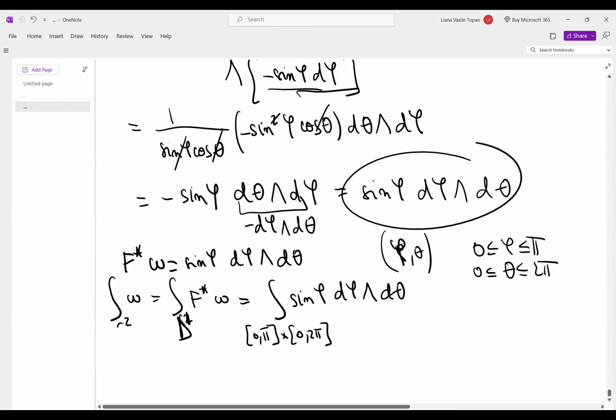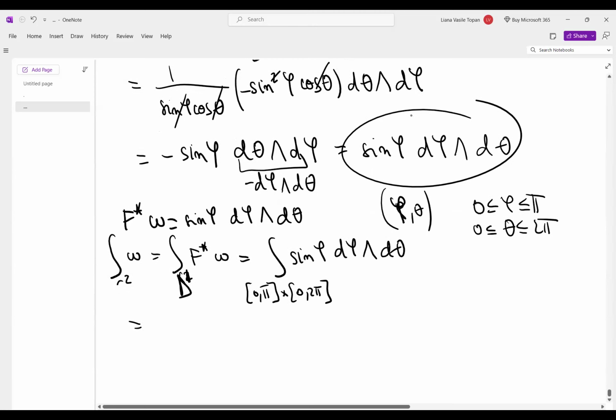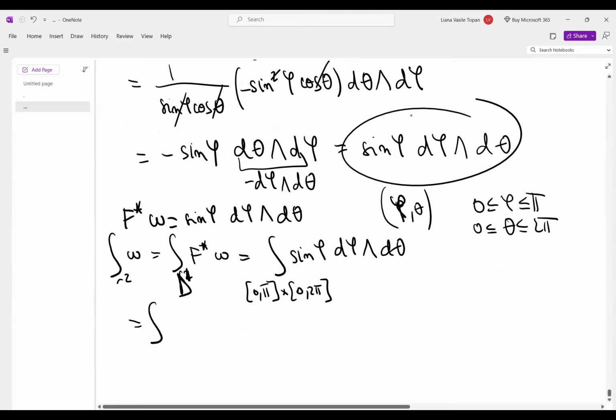Now we know how to calculate this. This will be equal to the integral from 0 to pi of sine of phi d phi, times the integral from 0 to 2 pi of d theta. We drop the wedge by how we defined it.